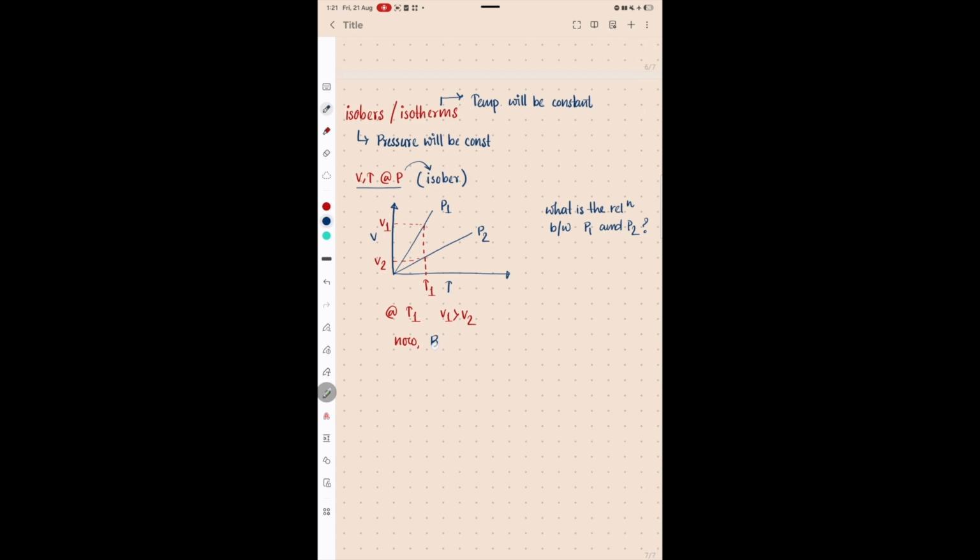Boyle's law says what? P is inversely proportional to volume, right?